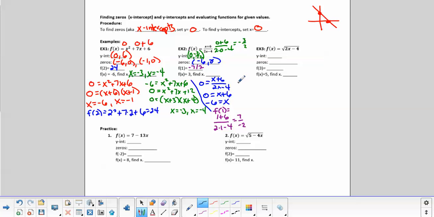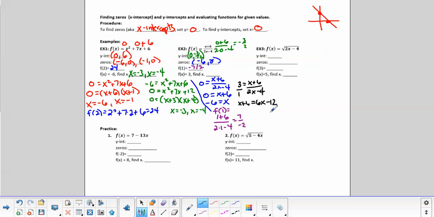So 3 equals (x plus 6) over (2x minus 4). So I could think of this as cross multiplying. So 3 over 1. And so this is x plus 6 times 1, and 3 times 2x minus 4. 3 times 2x is 6x. 3 times minus 4 is minus 12.